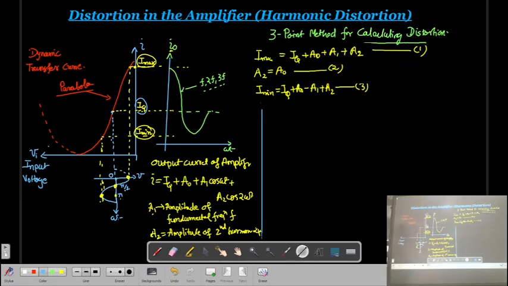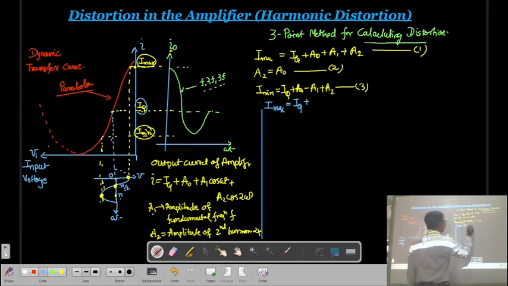Now here it is very easy to solve these expressions. First of all, wherever A0 is there, we write A2, in expression number 1 and 3. So my I maximum will be equal to IQ plus, instead of A0 I will write A2, so you will get A1 plus 2A2.